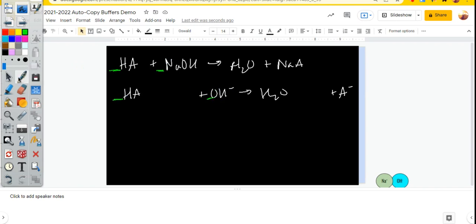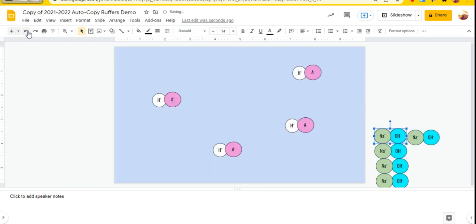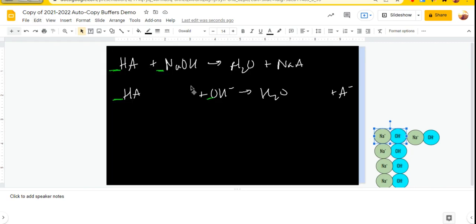And so as I think about what I had here in my flask, I am going to give you a view that you don't normally get to see when you're doing a titration. You know that there are 4 HA molecules in here. So as I think about my reaction, it's a 1 to 1 ratio between my acid and my base.